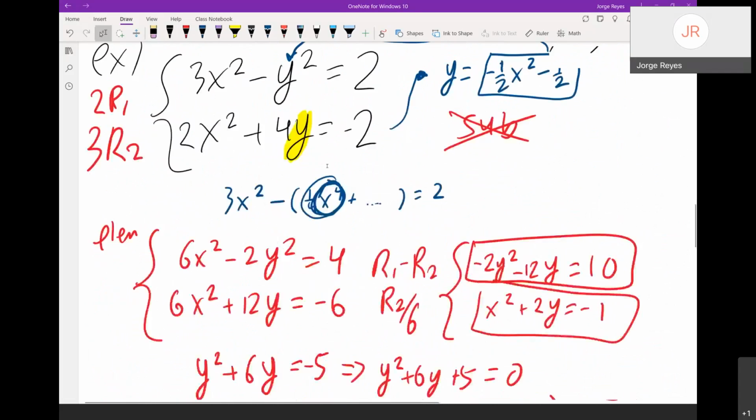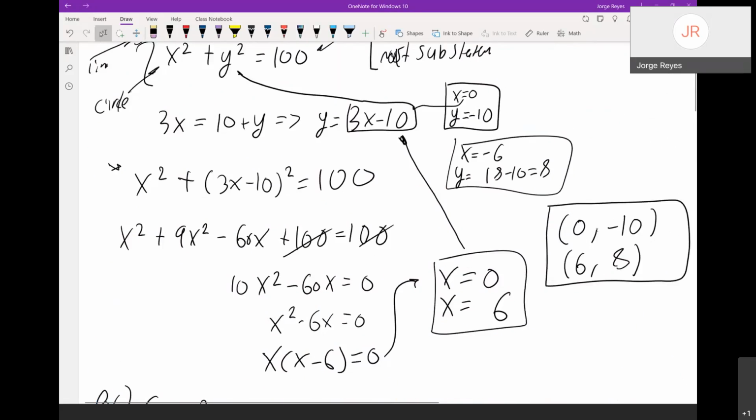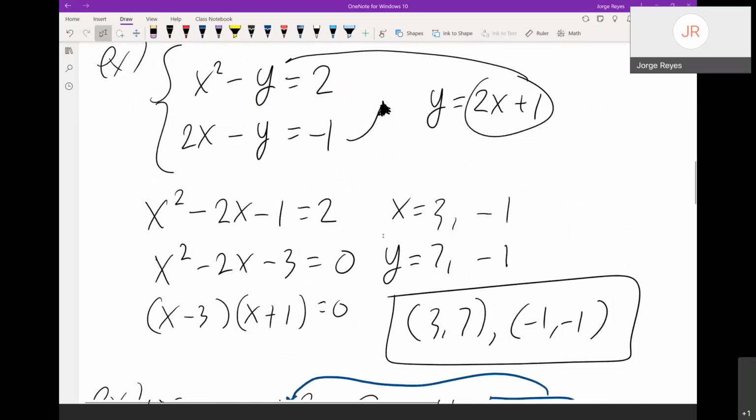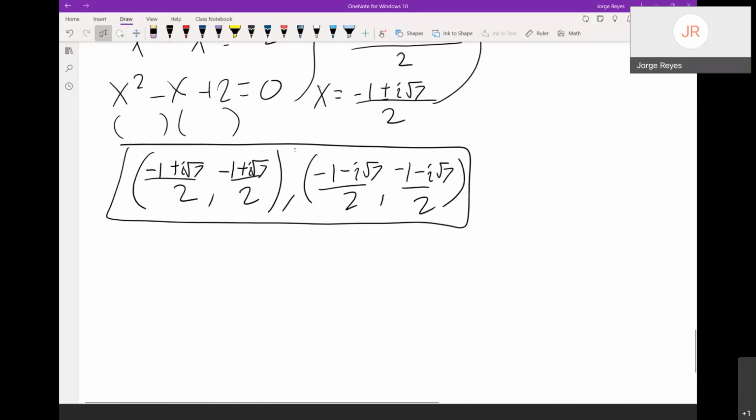And then you have to keep track of these pairs, because if I flip this, if I accidentally put 0, 8, that's not an answer. Or 6, -10. So hopefully you get this. Maybe it would be good to look at the typed notes version of this section too. But that's it for this section. See you guys in the other section.